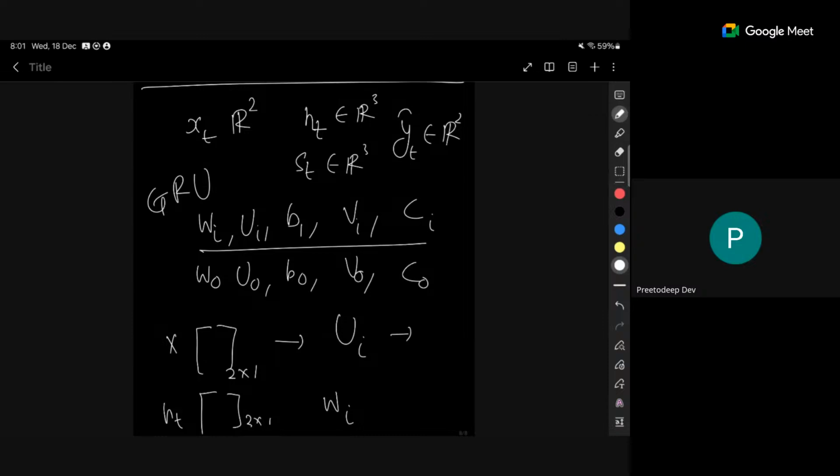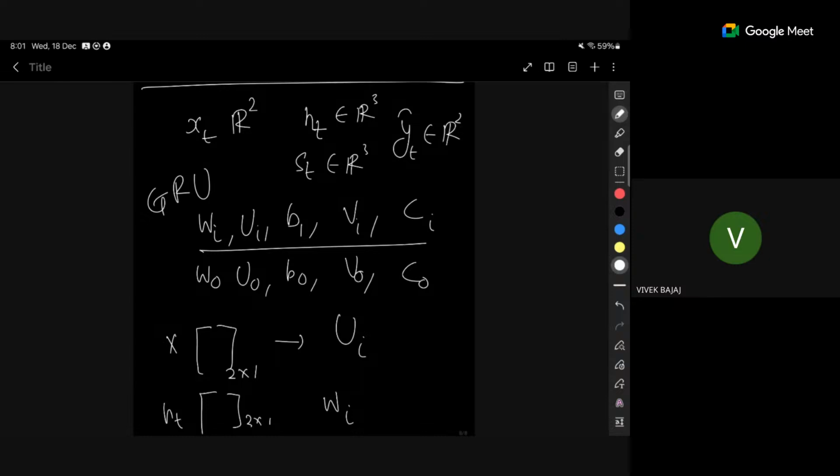Now I need to get this OT, right? Which will have how much? Two params. Should it be two? I don't think so. It should be 3, sir. You've given ST as 3. Yes, it should be ST, right?